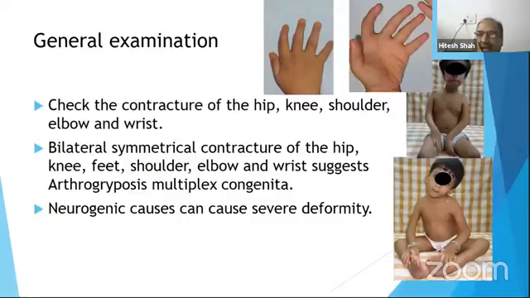If it is a neurological case, you need to check the neurology. I am not going into detail, but you need to check the power, and see whether the child withdraws when you touch. These are very important points for any short case of foot deformity. In general, you need to look, feel, move, and do a thorough examination.